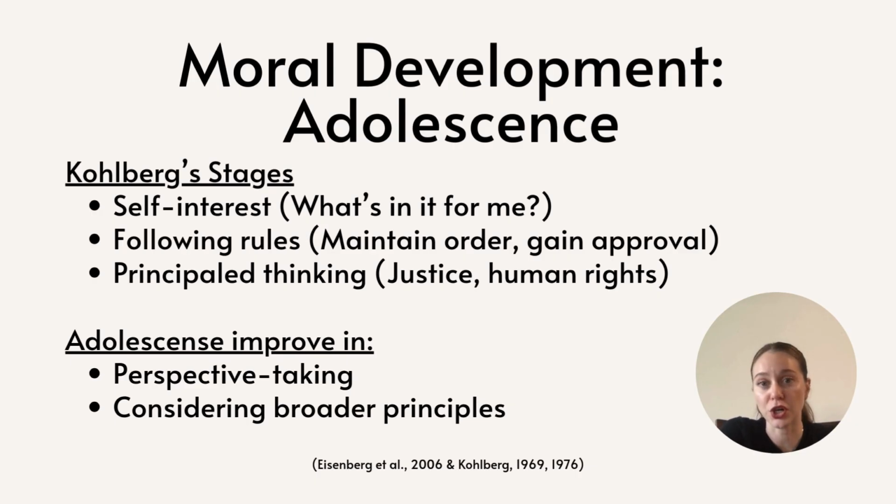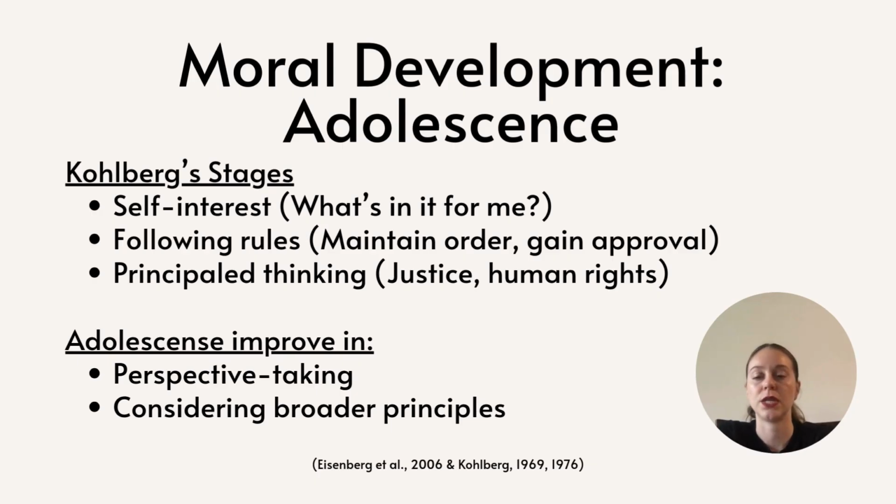As we mature from adolescence, we move into the following-rules stage. This isn't just about fear of a parent anymore. It's about maintaining social order, being accepted by peer groups and social groups, and gaining approval overall.